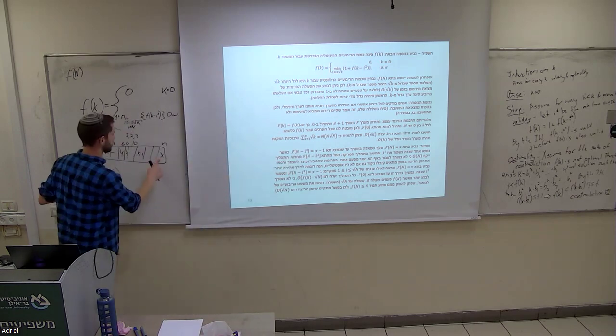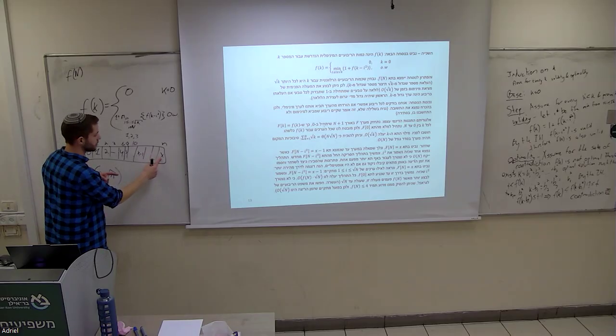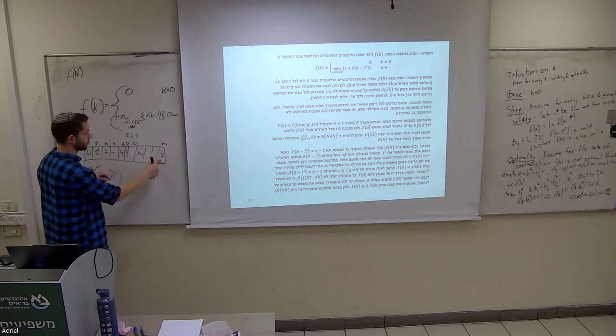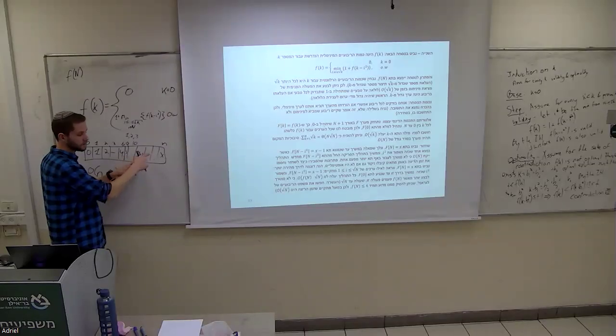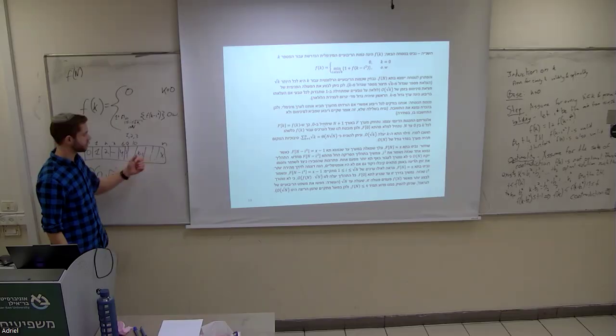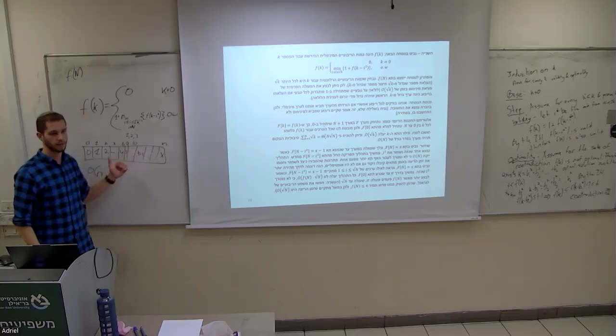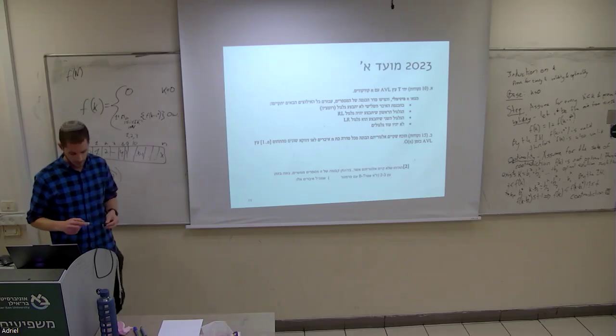So you go to this cell, you go backwards, minus 1 squared, so minus 1, and check if that's x minus 1. Then you go to this one, you do x minus 2 squared, so minus 4. If it's x minus 1, you know that there's a valid solution that uses this plus 2 squared. So you just go backwards, checking every square if it equals x minus 1, and that's how you can do that.